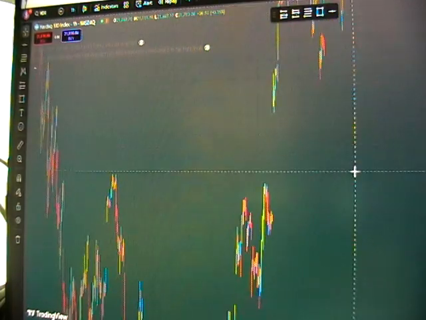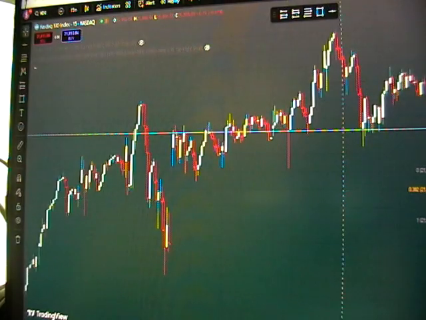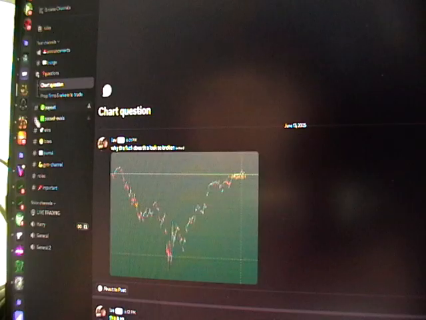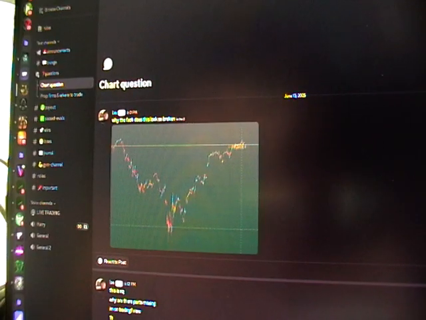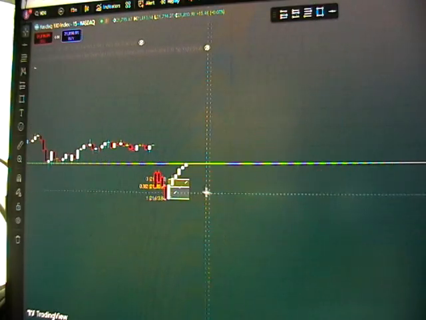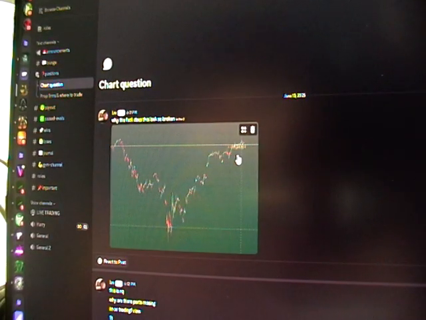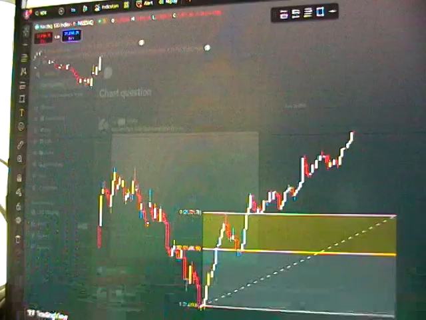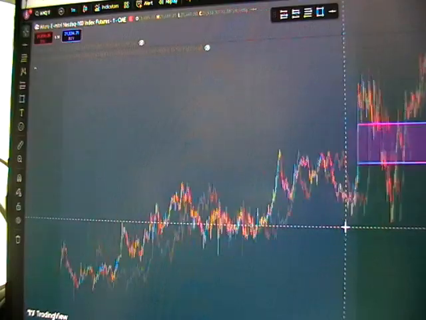And the X is moving, but how are you supposed to be trading this? Yeah, but MNQ looks fine.